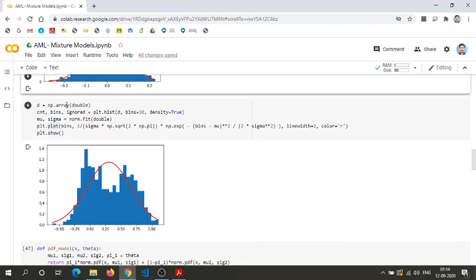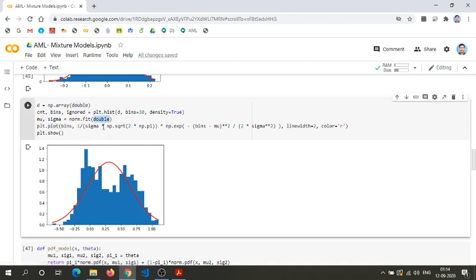But the right fit is possible if we know which z the first data point comes from, for example x1 from which z, x2 from which z, and so on. If you know that, you could identify mu 1 and sigma 1 from one set of data, and mu 2 and sigma 2 from the other set.